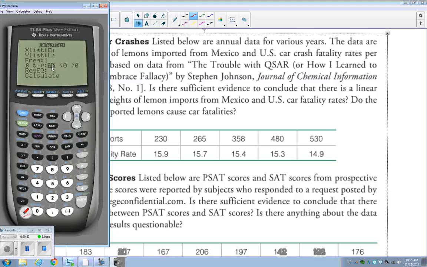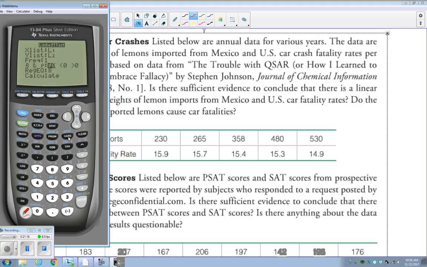Is everybody cool there? Okay, you're going to cursor down to where it says reg equation. That means regression equation. Here's how you're going to put this in there so it automatically copies what it gives you and puts it into your Y so that you can see it.